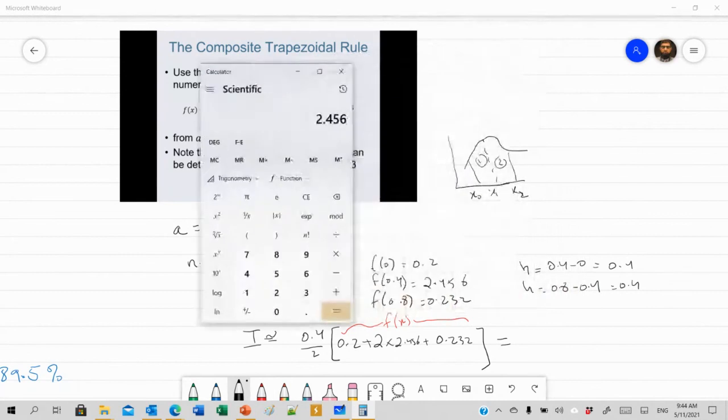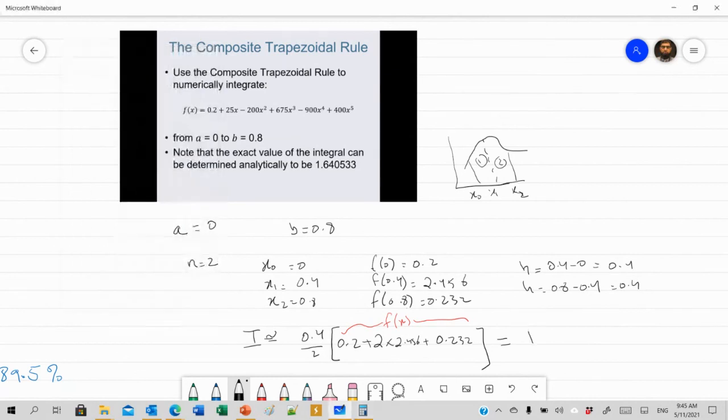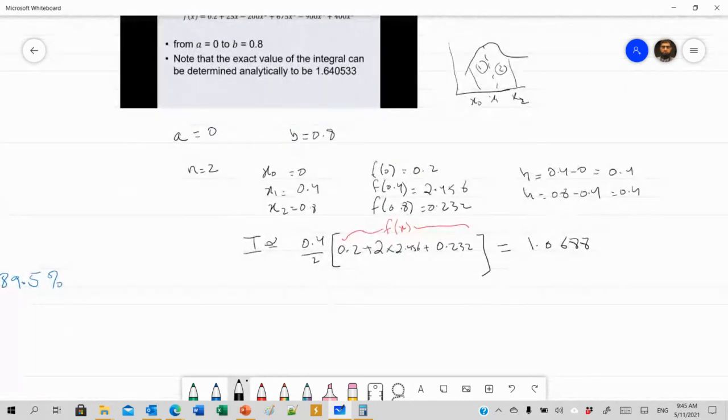So we have 2.456 multiplied by 2 plus 0.2 plus 0.232, multiplied by 0.4 and divided by 2, so we get a value of 1.068.